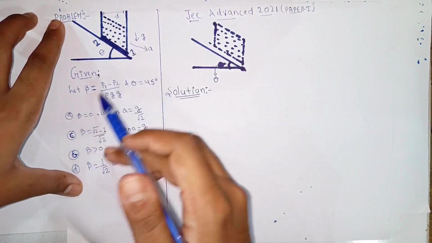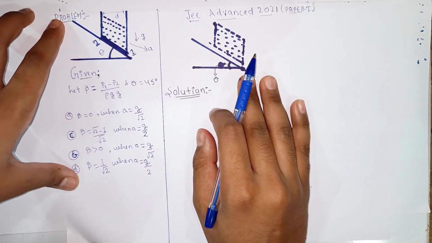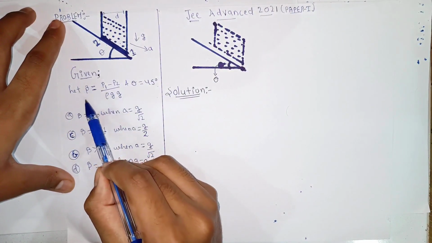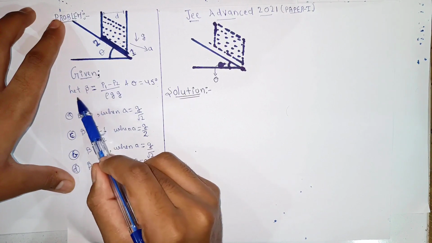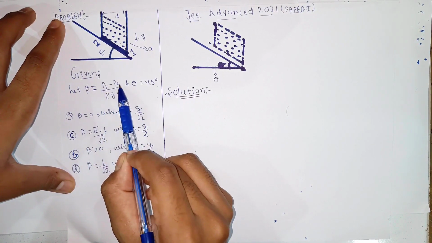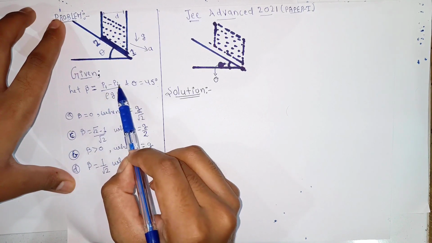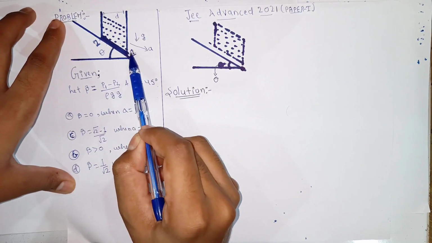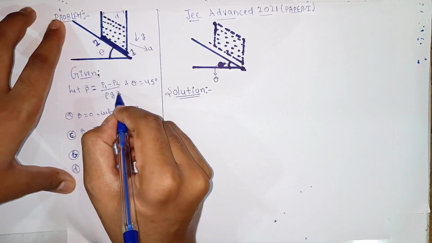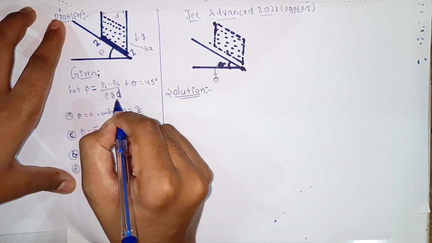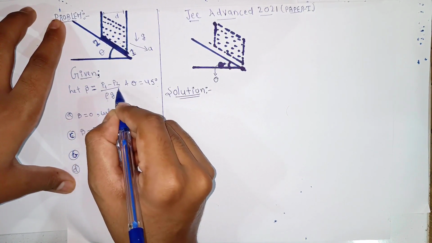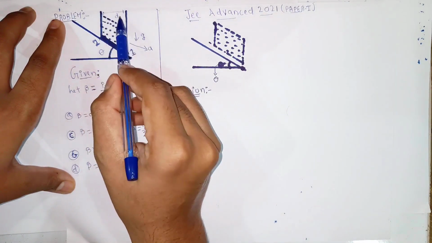Now let us quickly go through what data they have given to us. They have taken a constant beta and defined it like this: P1 minus P2, where P1 and P2 are the pressures at these 2 points 1 and 2, divided by rho g D, where rho is the density of water, g is acceleration due to gravity, and D is this diameter.